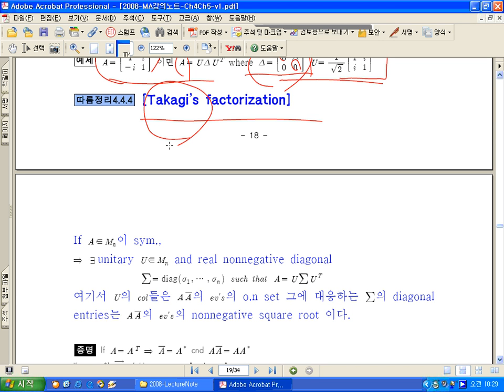He is the one who had his bachelor's degree in 1897 from Tokyo University, and he went to Göttingen University in Germany for a couple of years, and he learned from German mathematicians.